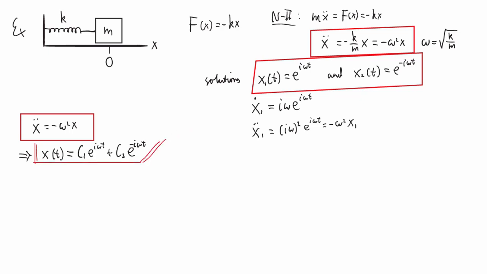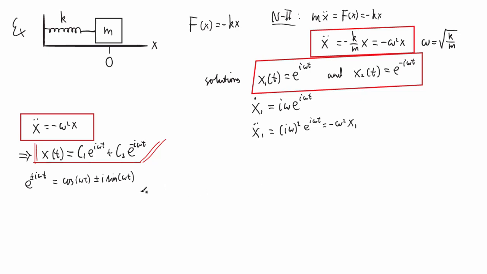Now we can write the solution in a different form if we like. We note that e to the plus minus i omega t equals cosine of omega t plus minus i times sine of omega t. It's a basic result that you can find in the complex numbers video if you're interested.